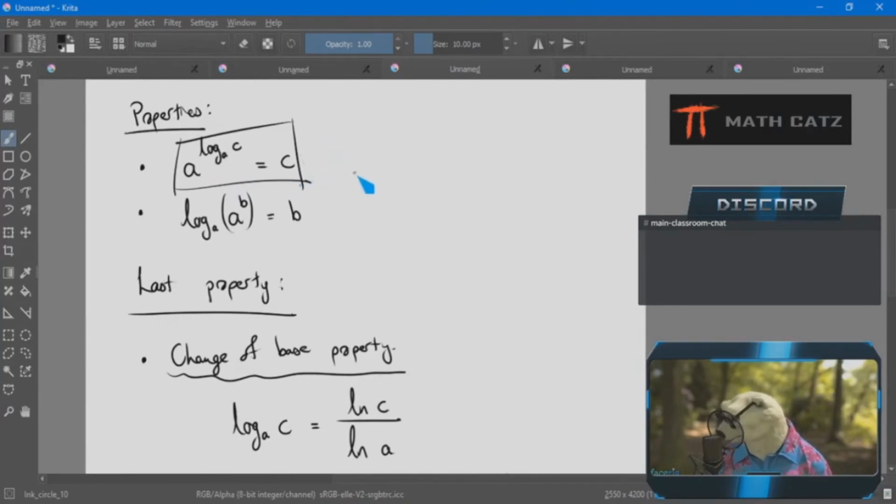This says that anything, this C can be literally anything. I'm going to just use this property backwards. This C can be anything.